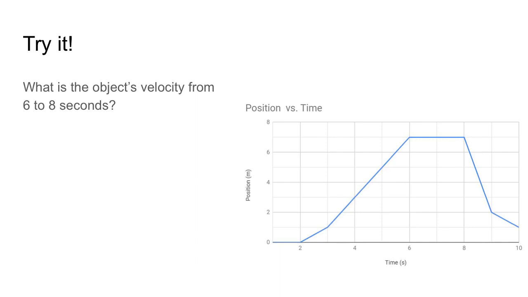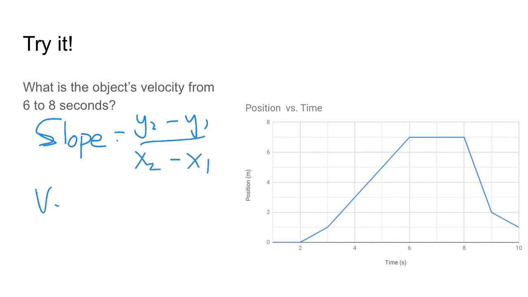So on this one, what is the object's velocity from 6 to 8 seconds? Remember, slope equals the velocity as long as it's a position versus time graph. Slope is y2 minus y1 over x2 minus x1. And so our velocity, I'm going to substitute that in for slope.